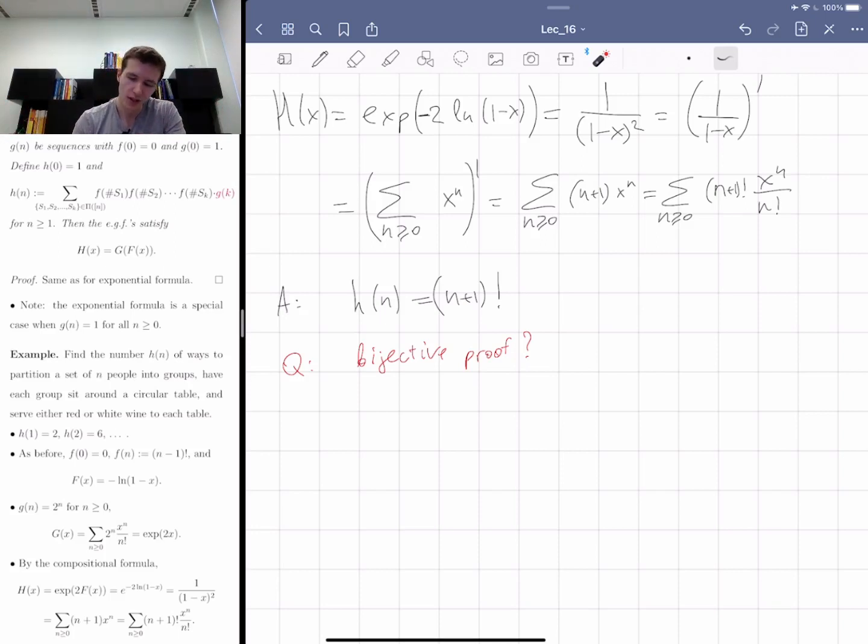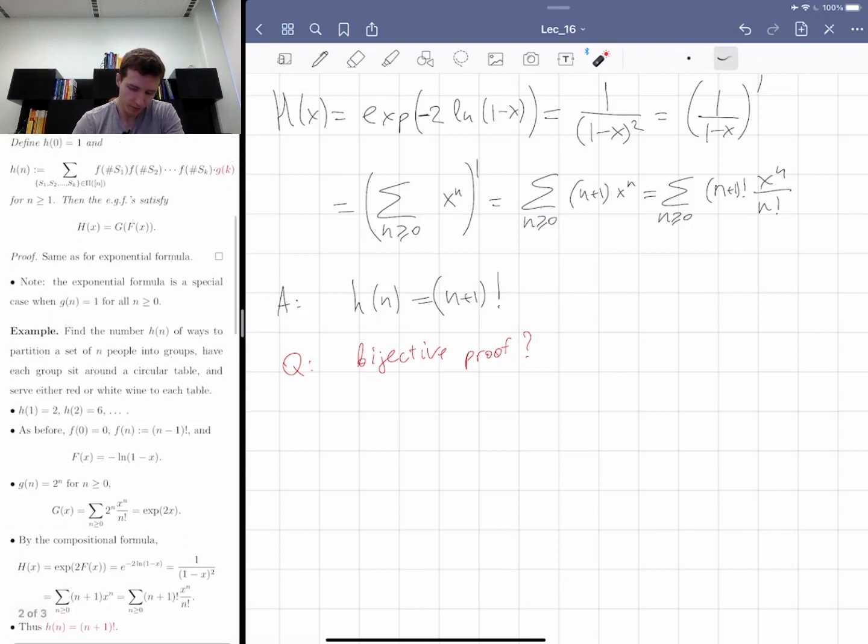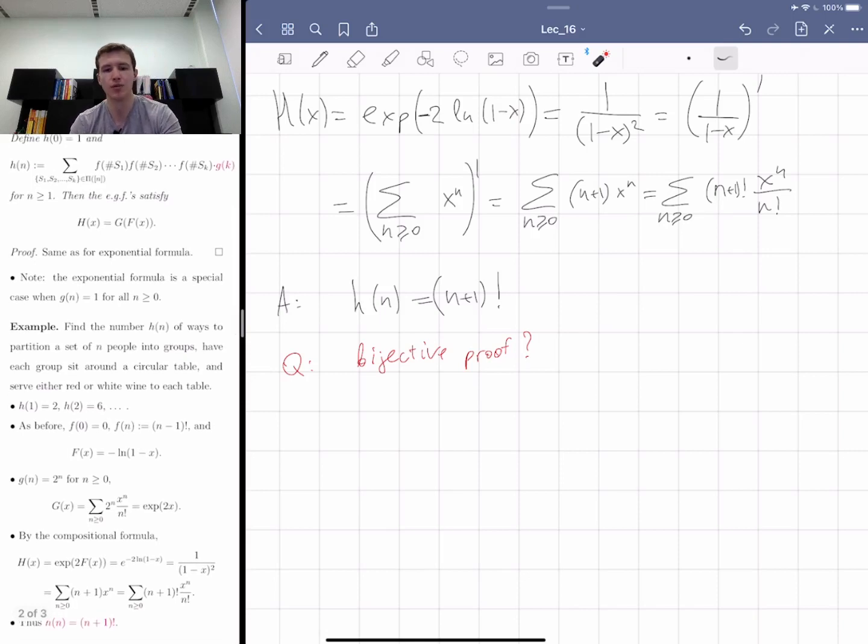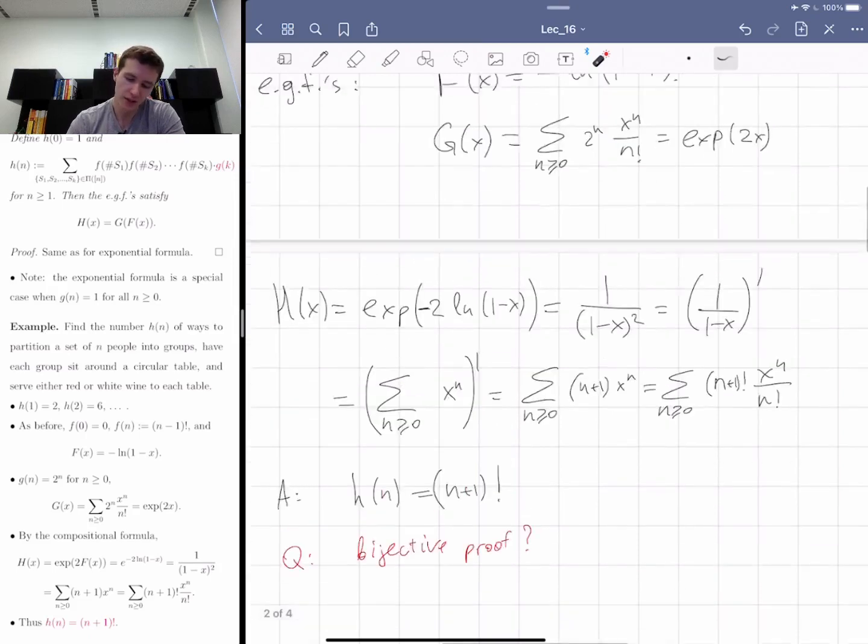Anyways, I have given you lots of tools, and maybe what I'm doing looks easy, but once you see the problem, it's going to look tricky. So that's the compositional formula, and that's all I wanted to say about generating functions.